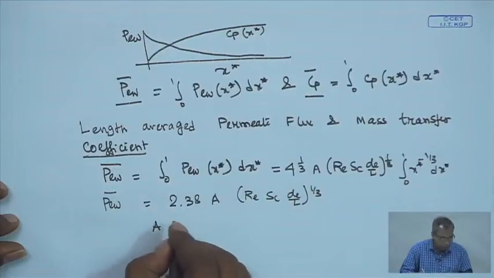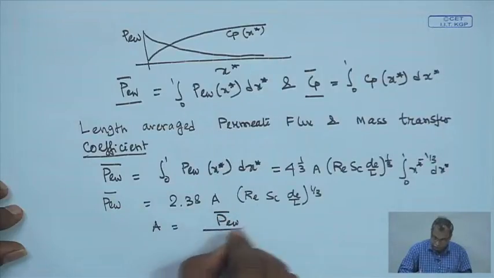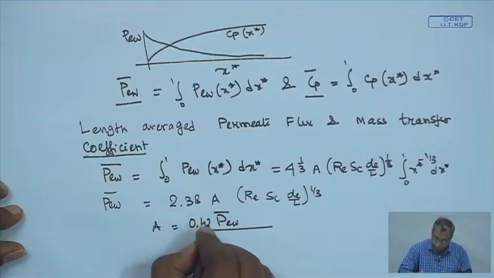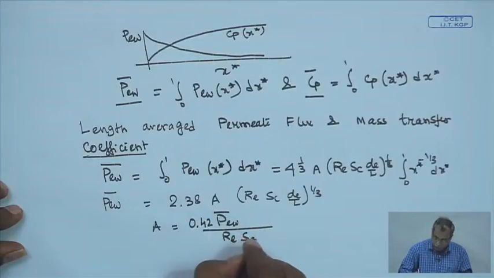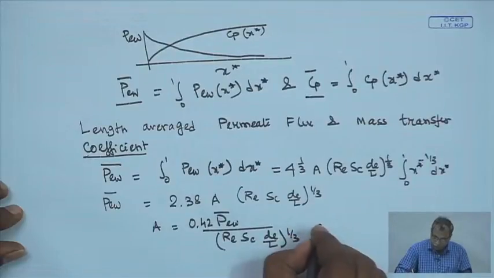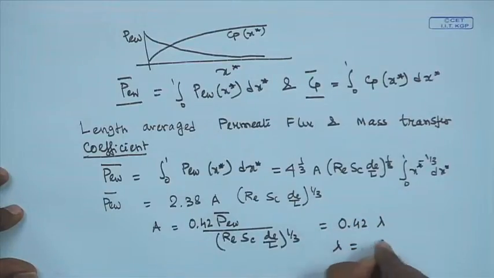So, we will be getting the expression of A as a function of length average permeate flux as A equal to 0.42 lambda, where lambda is equal to Pw bar divided by Re Sc d by L to the power 1 upon 3.